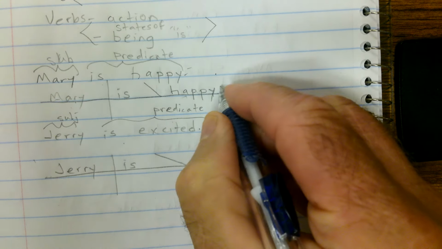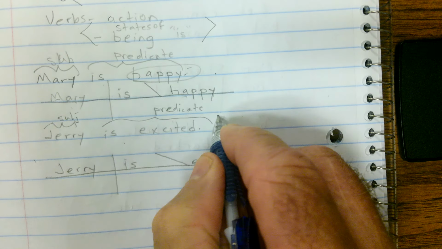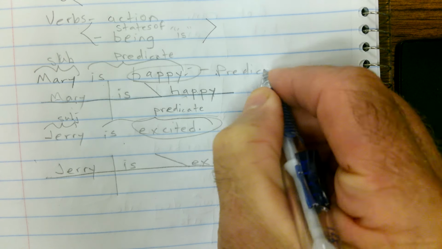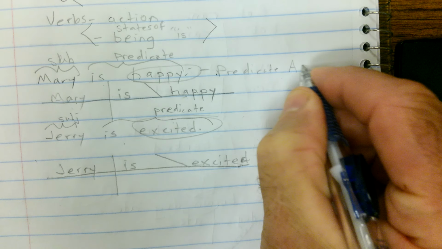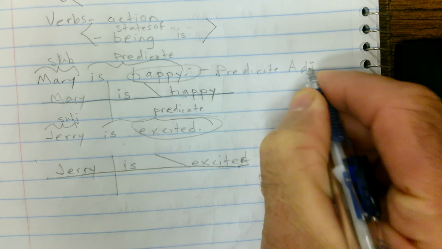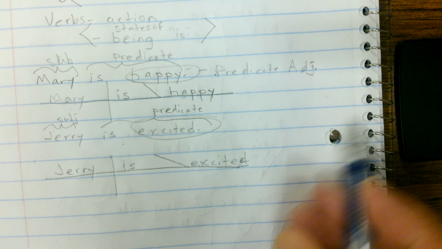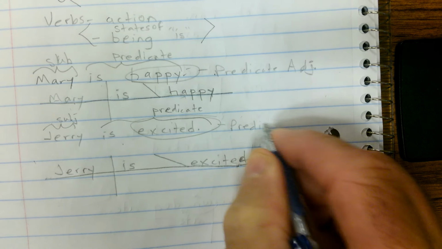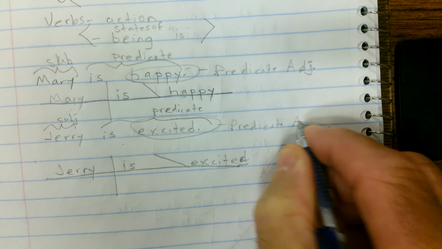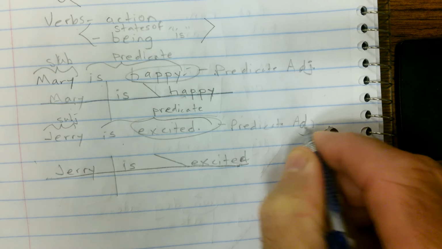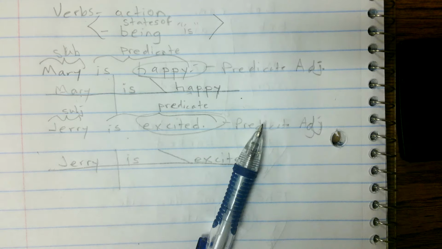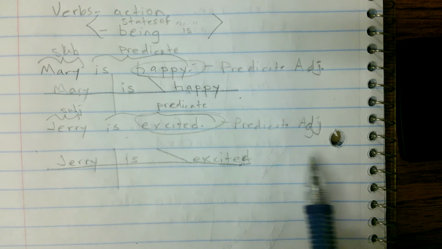These words like this are called predicate adjectives. This is a predicate adjective. So let's take a look at these for a moment. So we see how a predicate adjective works.